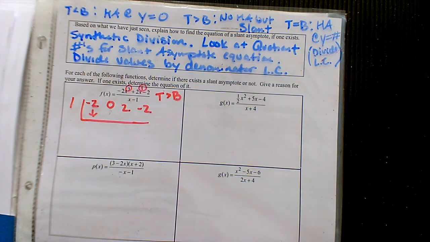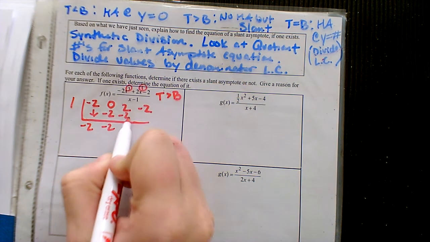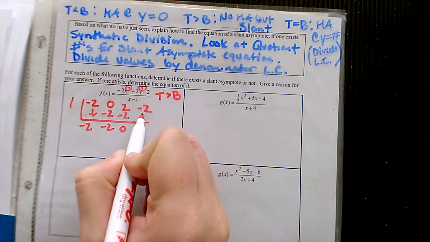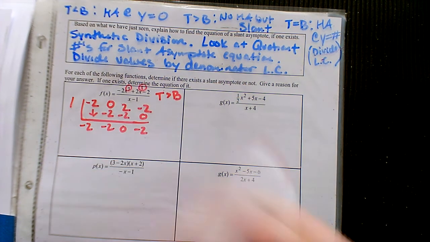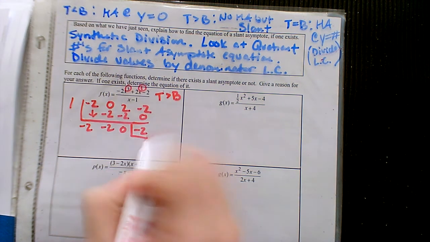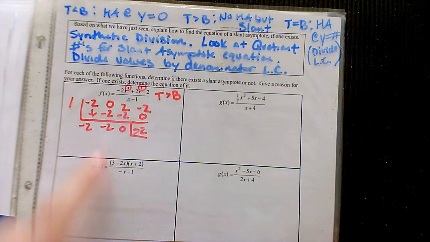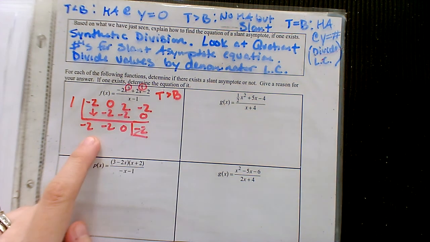All right, so let's roll through synthetic division. We'll drop the first number and go from there. All right, so the last number, -2, is my remainder. I'm going to ignore that. The other values are my quotient numbers.